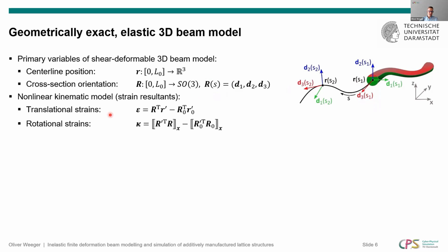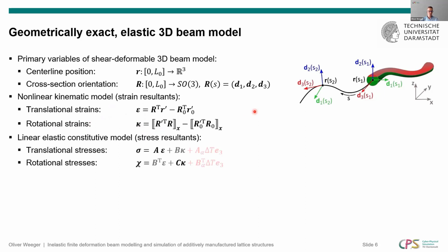So speaking about shear deformation, this leads us directly to the strain measures in this beam theory, which are a vector epsilon of translational strain, which captures the extensional or compressive strain and the two shear strains, and then a vector kappa for the rotational strains, which captures the two bending strains and also the torsion strain.